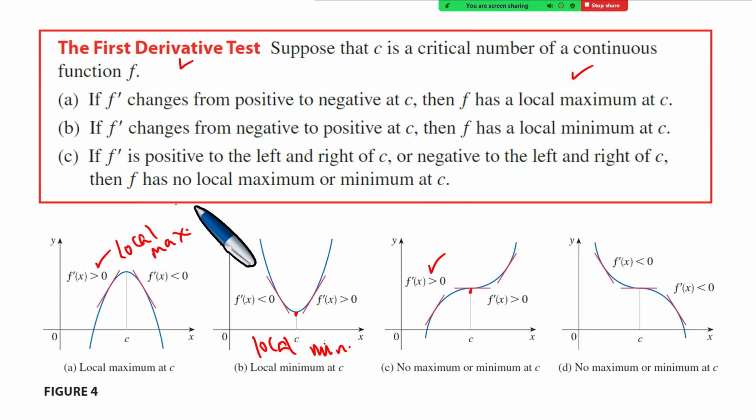So at this point, there's no local max or minimum, no maximum or minimum at c, because it is positive all the way, positive to the left, positive to the right, or negative to the left, negative to the right.